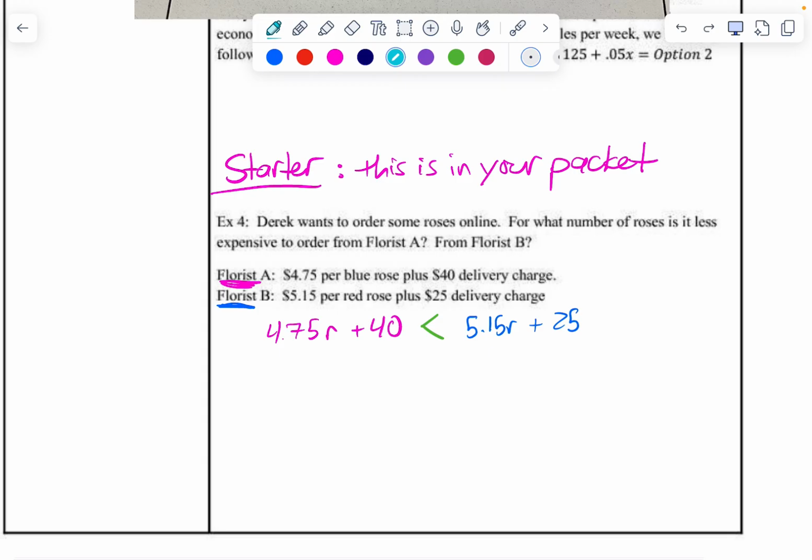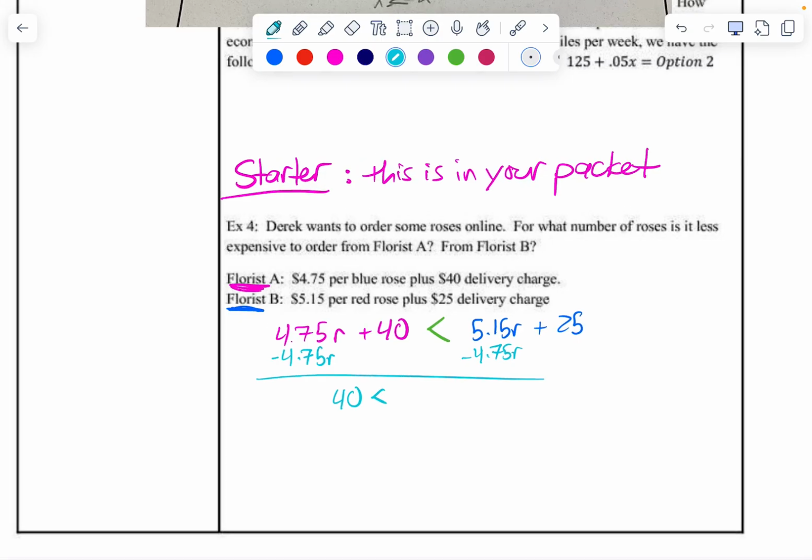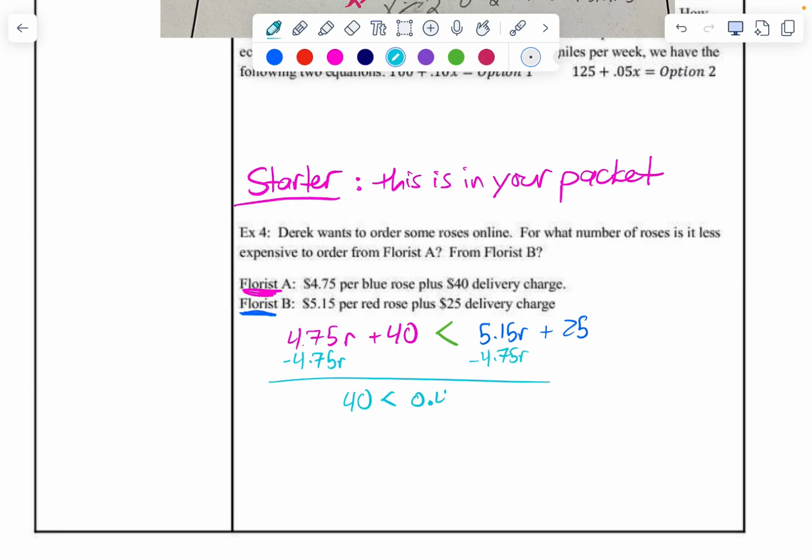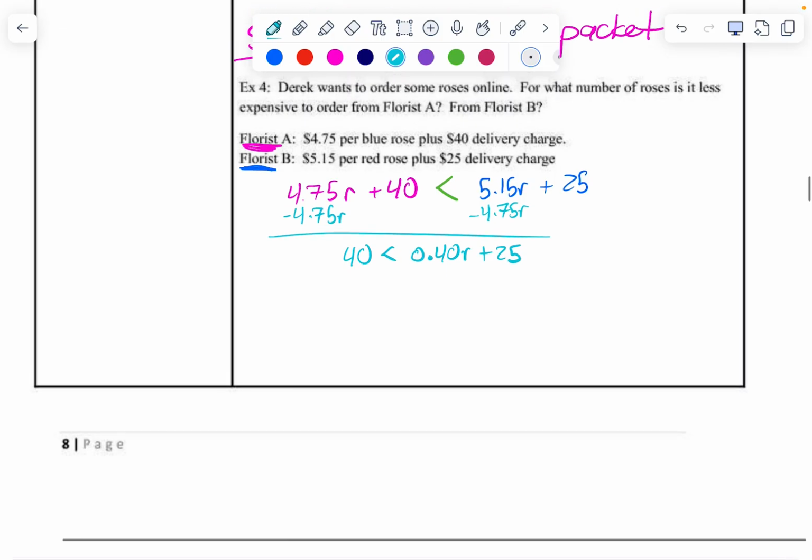Go ahead, Luis. You would subtract 4.75 R from your side. All right, so that is 0.40 R plus 25. Okay, now what?